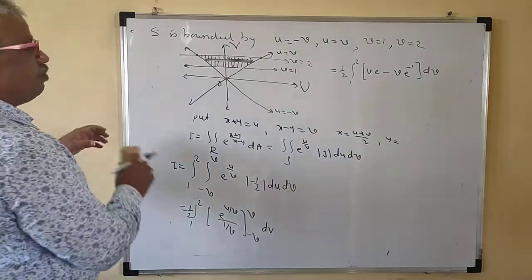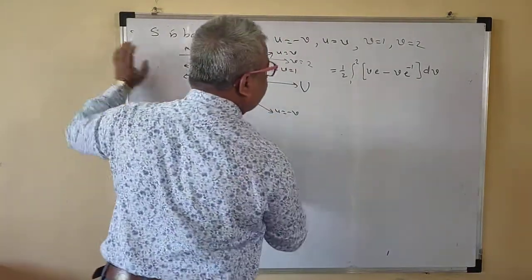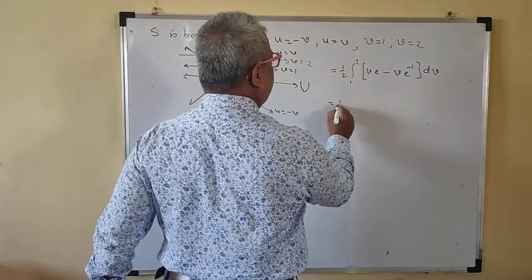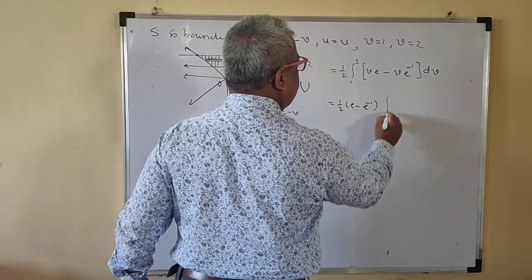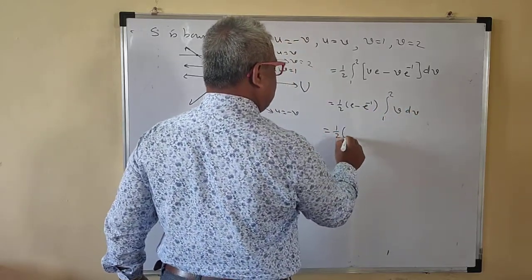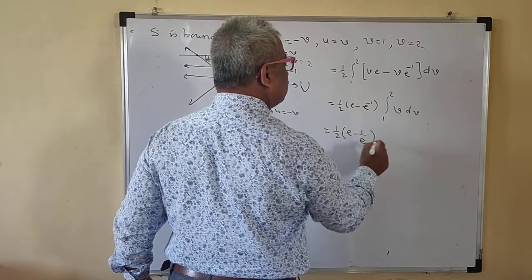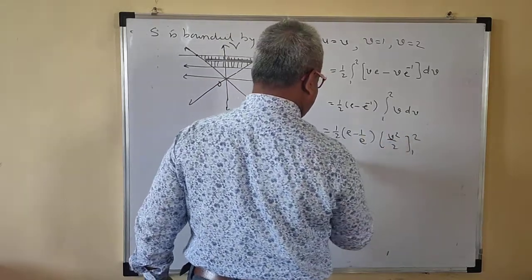Now see, this is very simple now. I can take one half (e minus e raised to minus 1) common, integration from 1 to 2 of v dv. So this is one half (e minus 1 upon e) times v squared by 2 from 1 to 2.